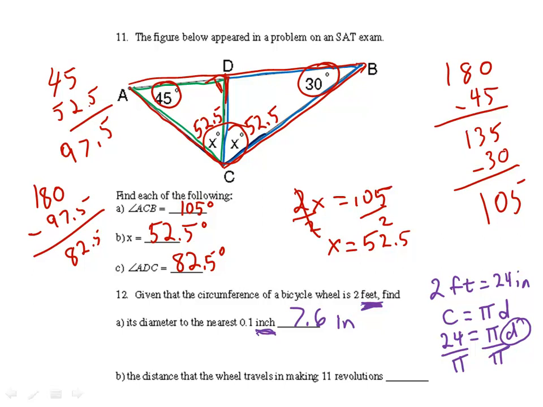So every time this goes around once, it moves it 24 inches, because that's the circumference, or 2 feet if you have it in feet. So 24 for the circumference times 11 revolutions, and that equals 264 inches.